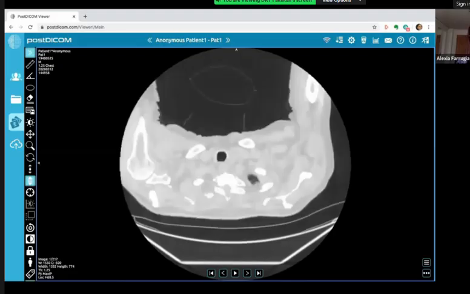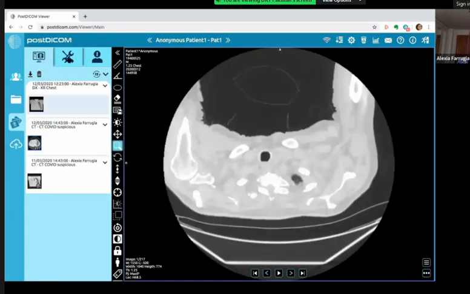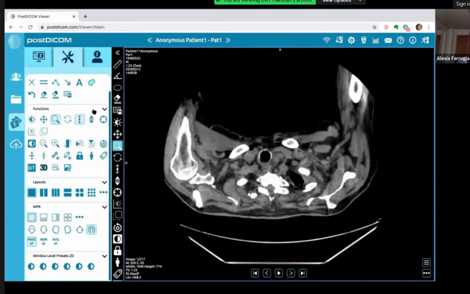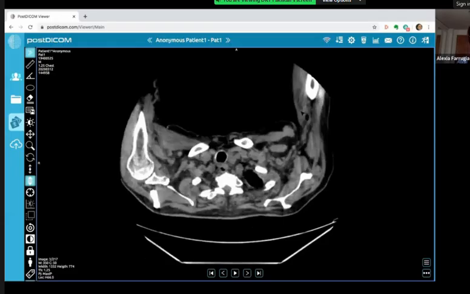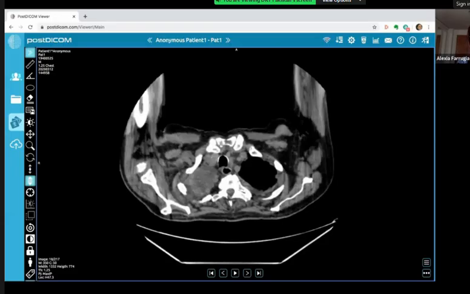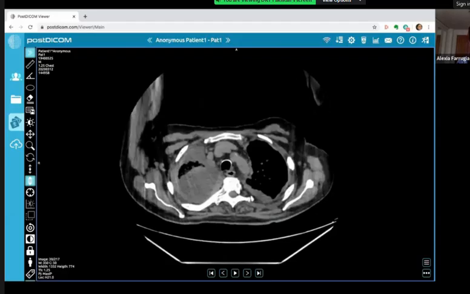I will go through it on the soft tissue window now. So focus on the lungs.